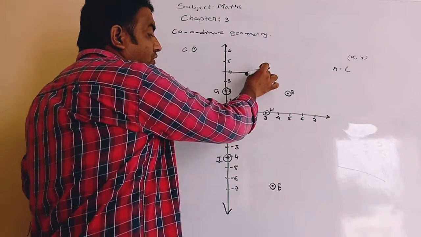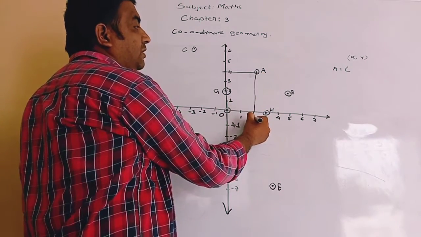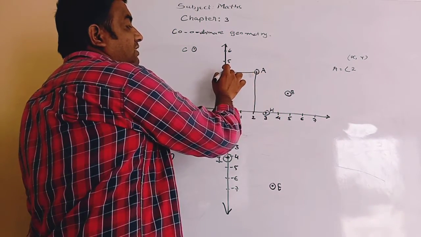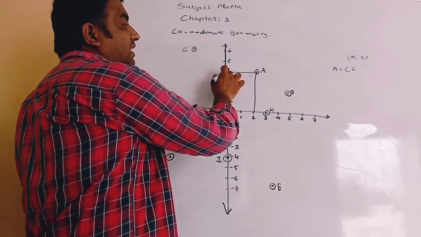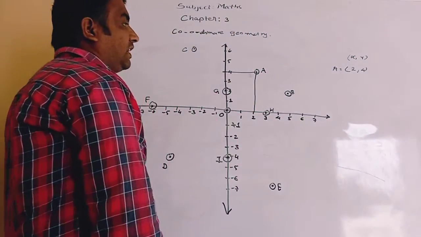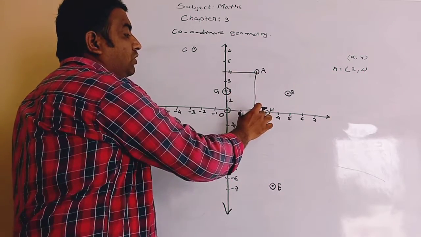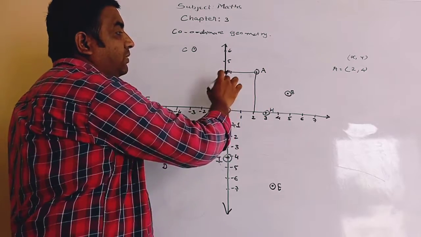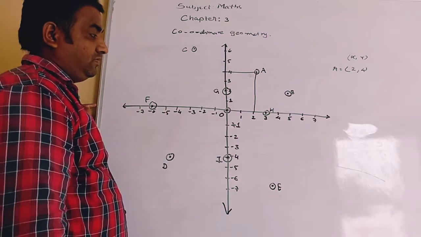Means always first we write the x-axis number and then the y-axis number. So from A we draw the perpendicular, and on the x-axis it comes 2, and from A we construct the perpendicular to the y-axis, then it is 4, so 2, 4. So we can say that A lies 2 units far from the y-axis and 4 units far from the x-axis.